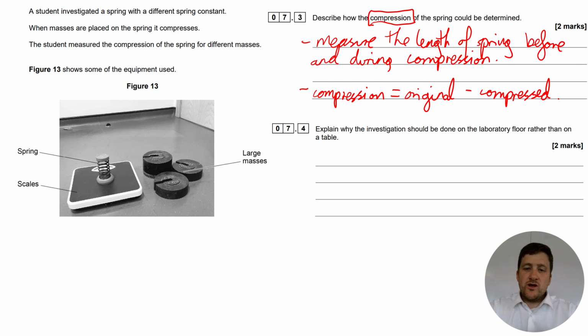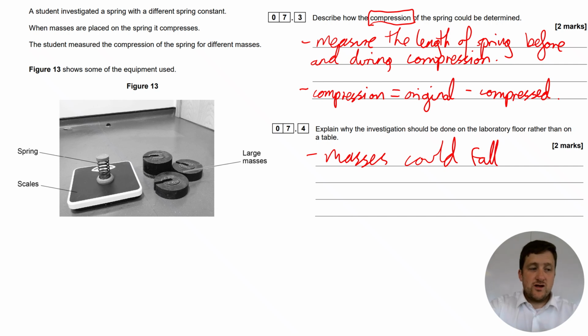Next one is explain why the investigation should be done on a laboratory floor rather than on a table. Well, these are, again, what are the risks, hazards associated with this? Well, masses could fall. Okay, if a mass falls off, that could cause injury or damage the floor.